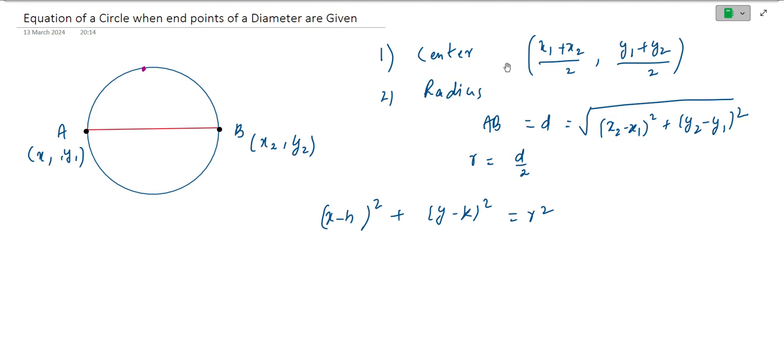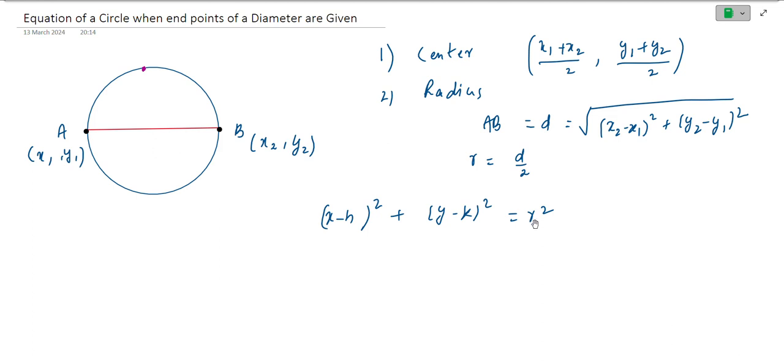That center we found as x1 plus x2 divided by 2 comma y1 plus y2 divided by 2, and we find the value of r, that is d by 2. We can find the value of d from this formula. So all things are well known here. If we substitute the values here, we can find the equation of the circle easily.